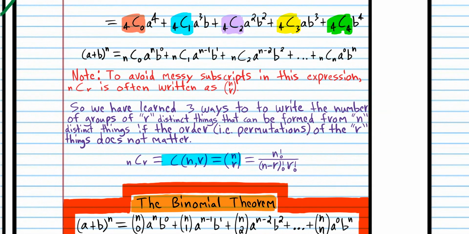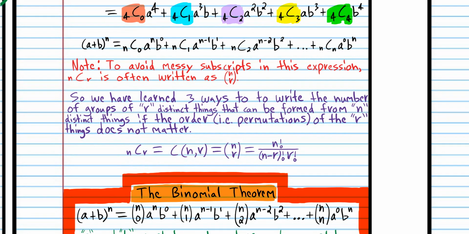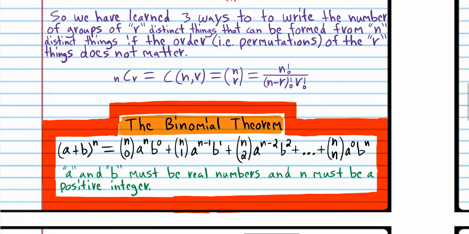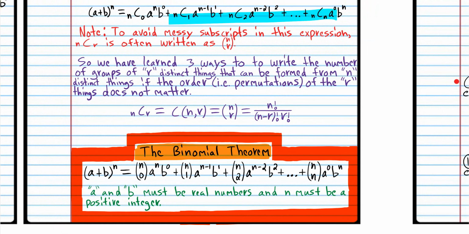We talked about these 3 types of ways to notate combinatorics. So we're going to rewrite this equation that we see up here, but instead of using these blue expressions here, we're going to change them to these blue expressions down here. So we talked about that at the beginning of the class.